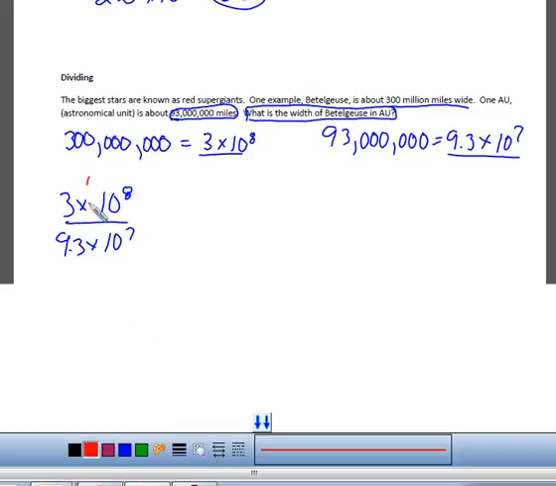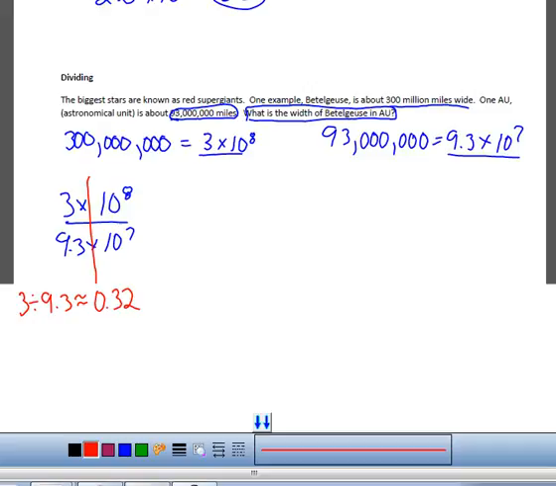Now, this you would actually need a calculator for. You're going to need to divide 3 by 9.3. If you were asked to do this on a test, you would be allowed to use a calculator. I'm using a squiggly equal sign because it is not exactly equal to, but it is about 3.2.